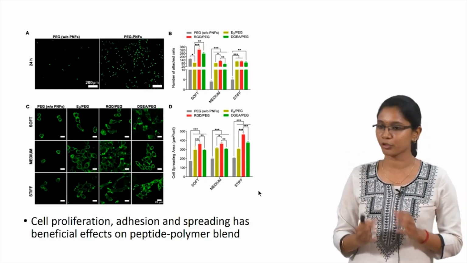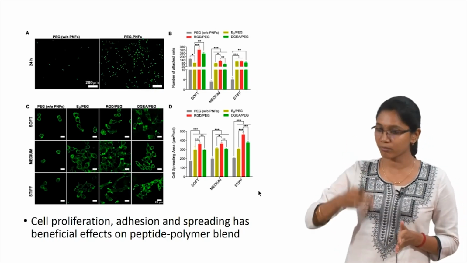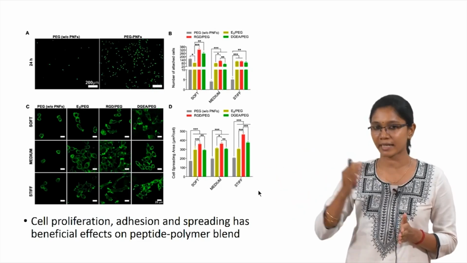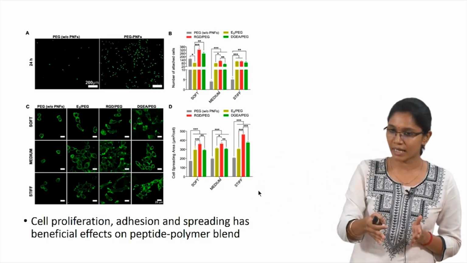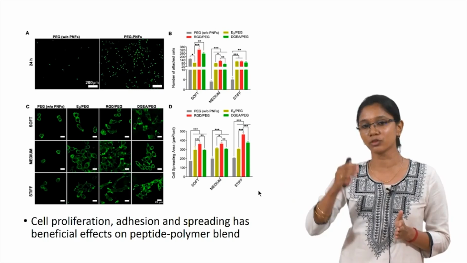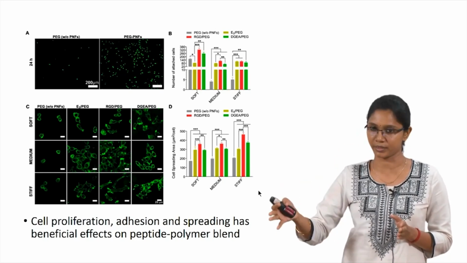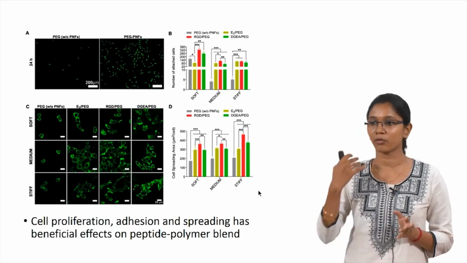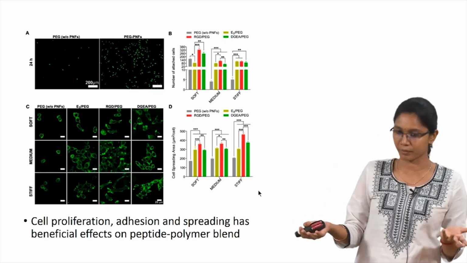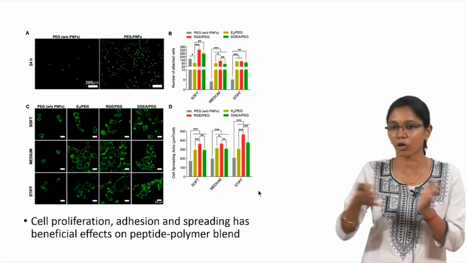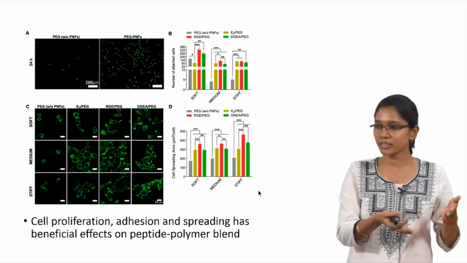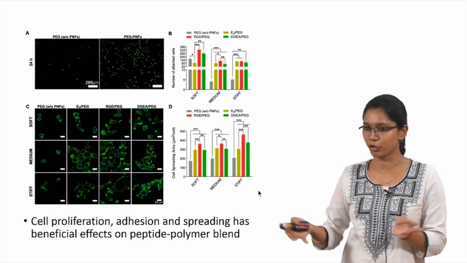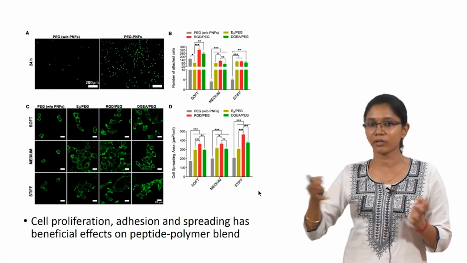You have PEG molecules without the nanofibers and PEG molecules with three different nanofibers. RGD and DGEA are known to have cell adhesion properties. So here we are trying to see which has better cell adhesion properties, the RGD peptide or the DGEA peptide, whereas the stability is given mostly by the polymer, and the peptide provides the self-assembly property.